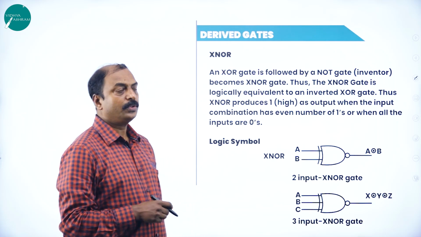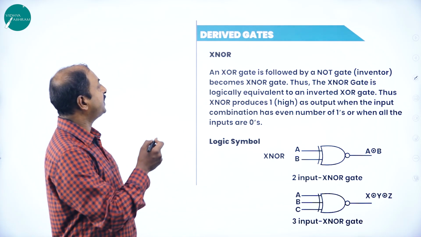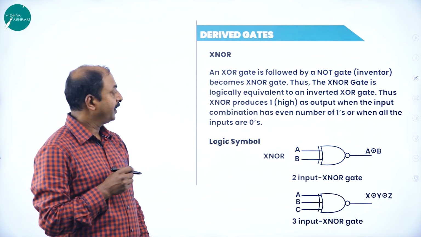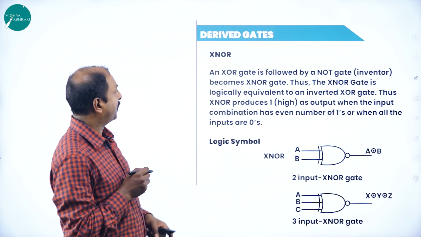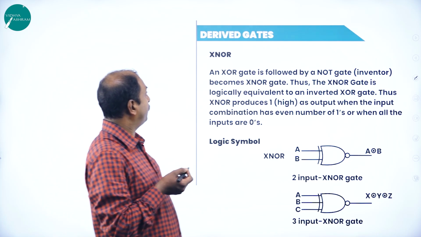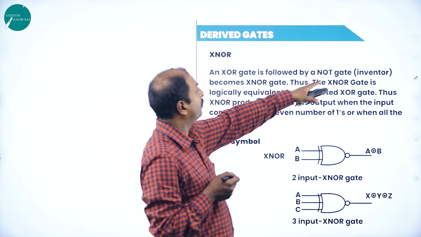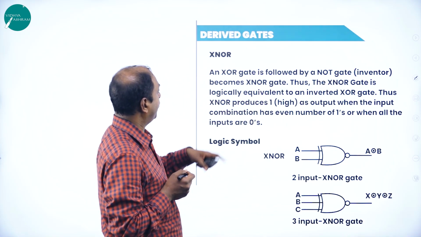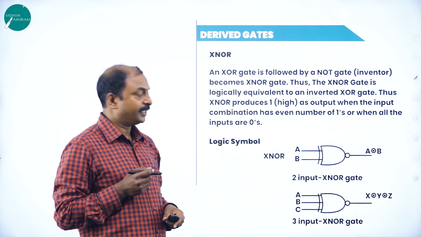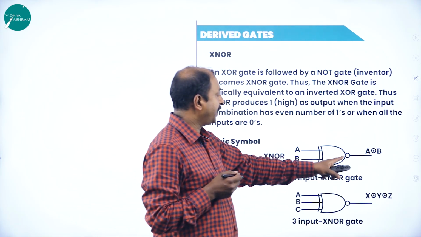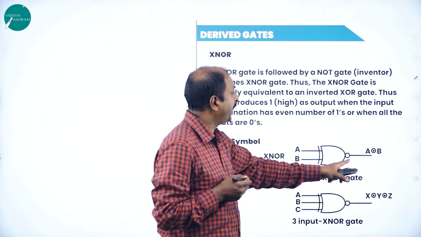Let us move on to the next gate, that is the XNOR gate, the exclusive NOR gate. What is the definition of the exclusive NOR gate? It is the XOR gate followed by a NOT gate or inverter gate. Now you know what the XOR gate is, isn't it? We have learned in the previous slide. This is the exclusive NOR gate, an XOR gate followed by NOT.